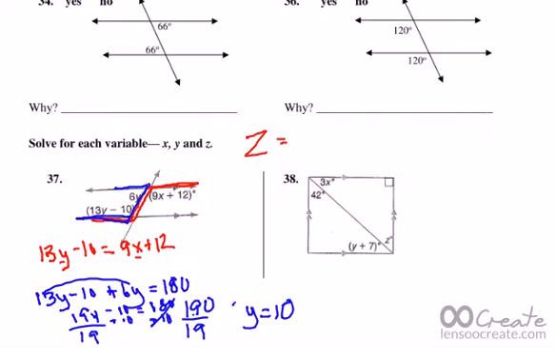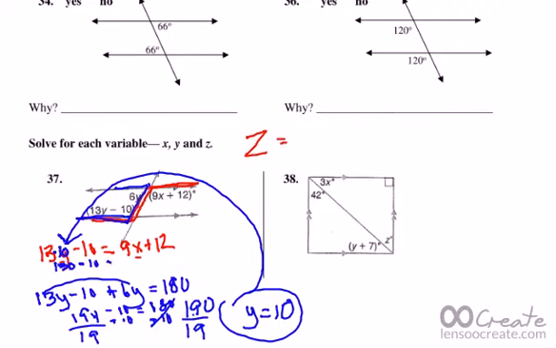Once I find out that y is equal to 10, I can take that value and plug it into this y value. I multiply 13 times 10, and I have 130 minus 10 equals 9x plus 12. Finish that up, 120 equals 9x plus 12.